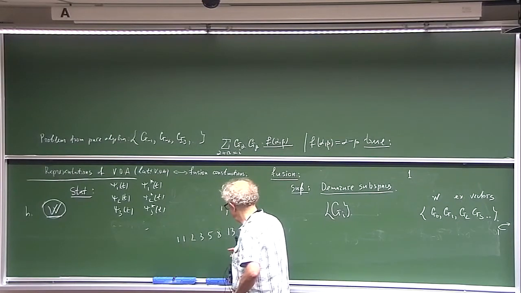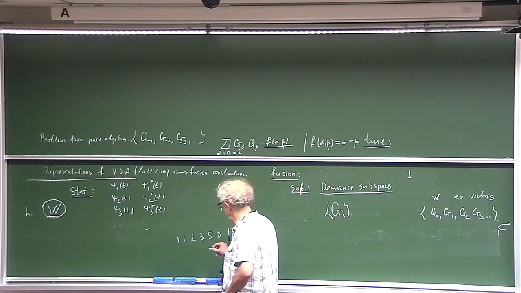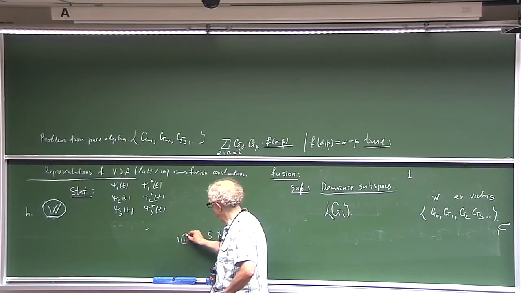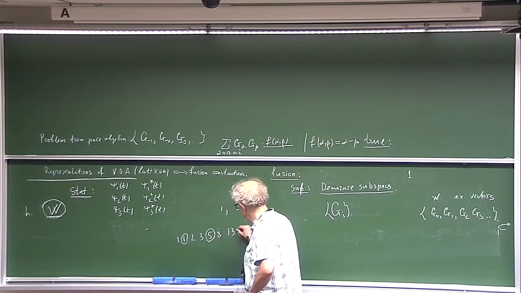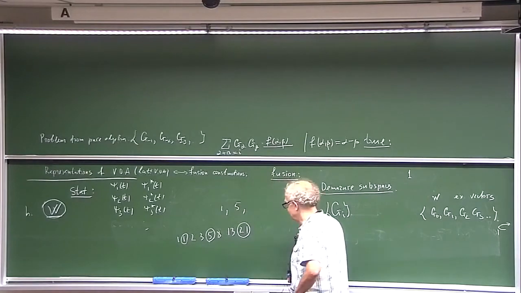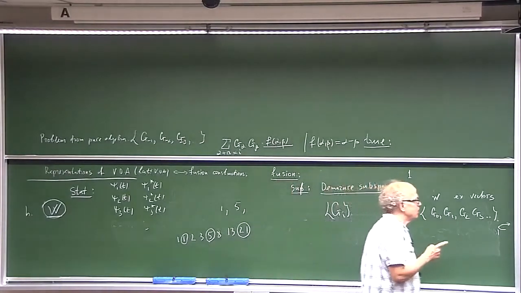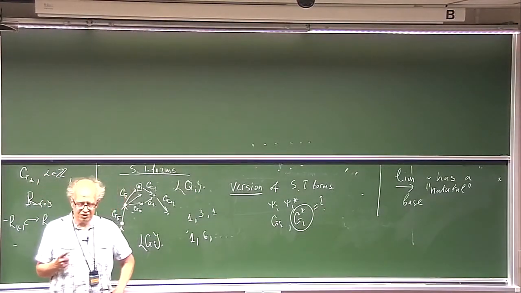And the dimensions of my subspaces which appear here are the following. It is 1, next 5, and next it will be 21. And next, what appears from this vector will be 21, and so on.